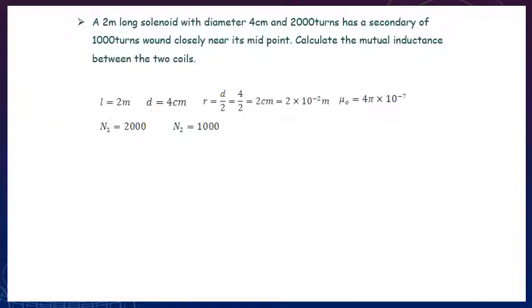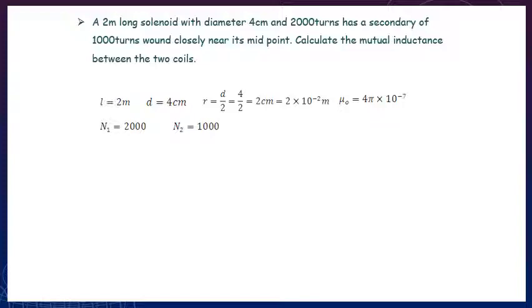Length is given as 2 meter. Diameter is given here instead of radius, so you have to calculate your radius. Diameter is 4 centimeters. Radius becomes diameter by 2, so that will be 2 centimeters. Converting it to meter, you will have 2 into 10 power minus 2 meter as your radius.